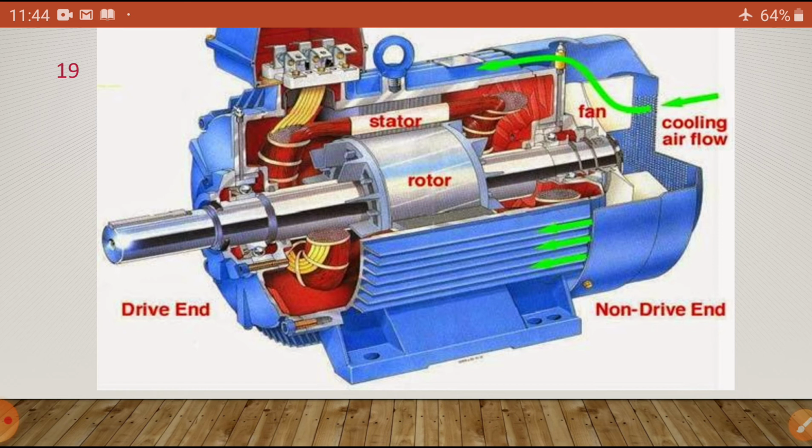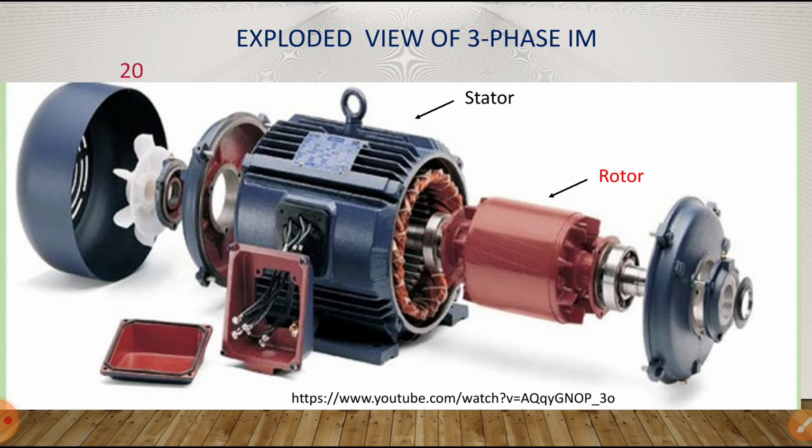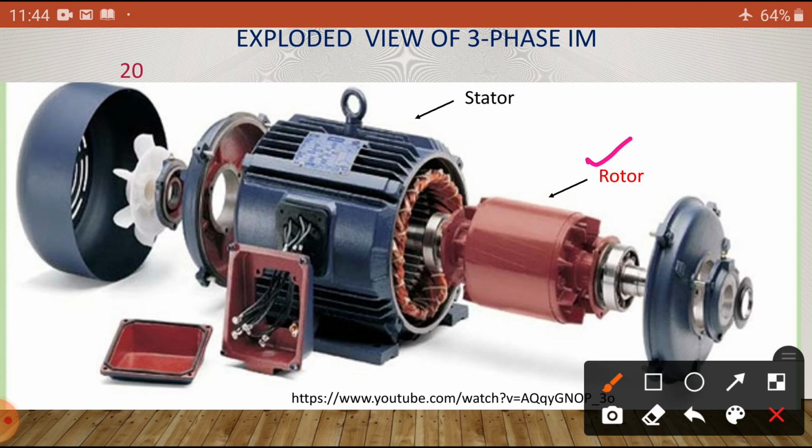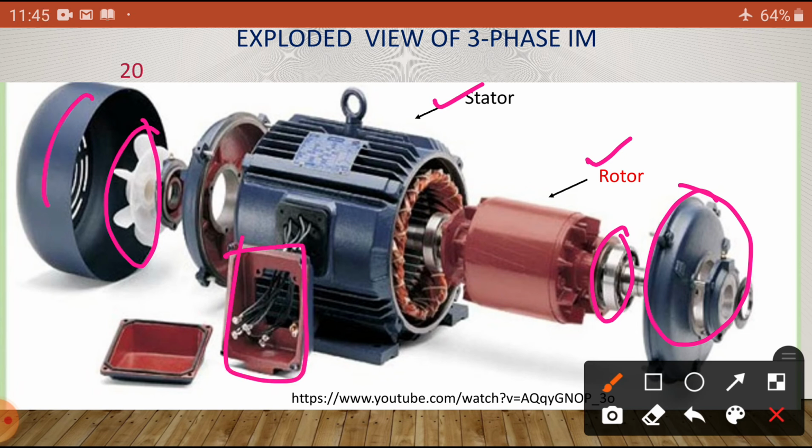Okay, now if I open this one, you can see the different parts inside. You can see here the cavity. This is the rotor, this is the stator, and these are the bearings, end rings, couplings, and you can see the same fan for cooling purpose, and the terminal boxes.